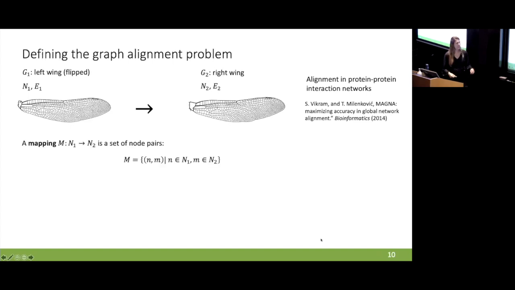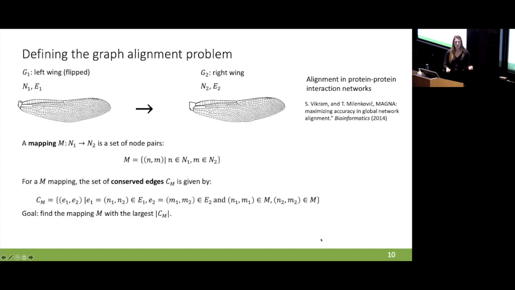And the way that the problem is set up is you're looking for a mapping, which is a set of node pairs where the first node is in one graph and the second node is in another graph. So you can think of lots of mappings here. Really, it's just a combinatorial problem to find all the mappings. So how do you say if one mapping is preferred over the other one? Well, I'll say that each mapping comes with its own set CM, and that's the number of conserved edges.